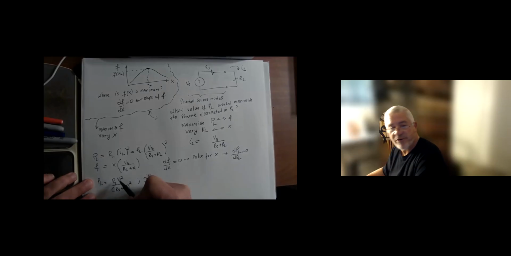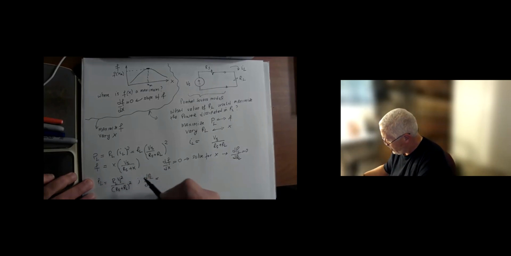So the derivative of PL with respect to RL, the derivative of a ratio, is the derivative of the top multiplied by the bottom, so VS squared times (RS plus RL) squared, minus the derivative of the bottom, 2 times (RS plus RL), times the top, RL VS squared, over the bottom squared.